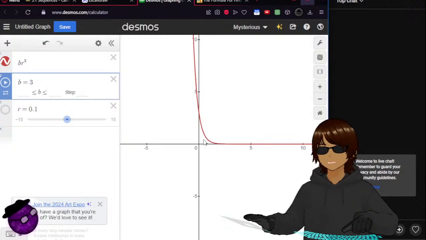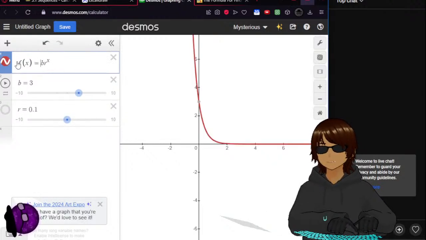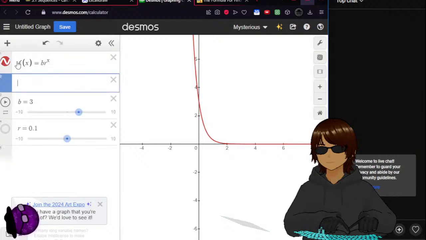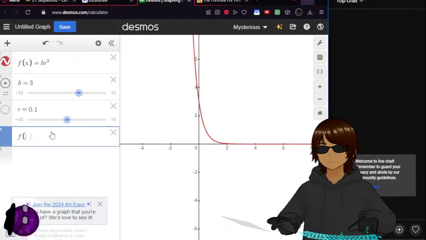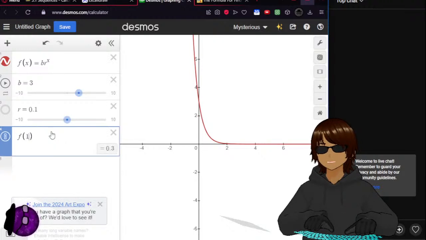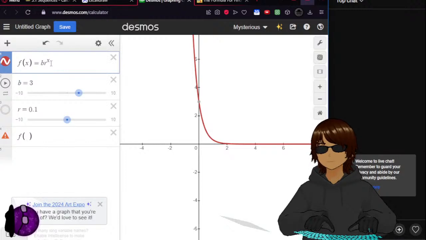First term is 3. Let's do f of x. f of 1 is 0. Yeah, let's do x minus 1 actually.